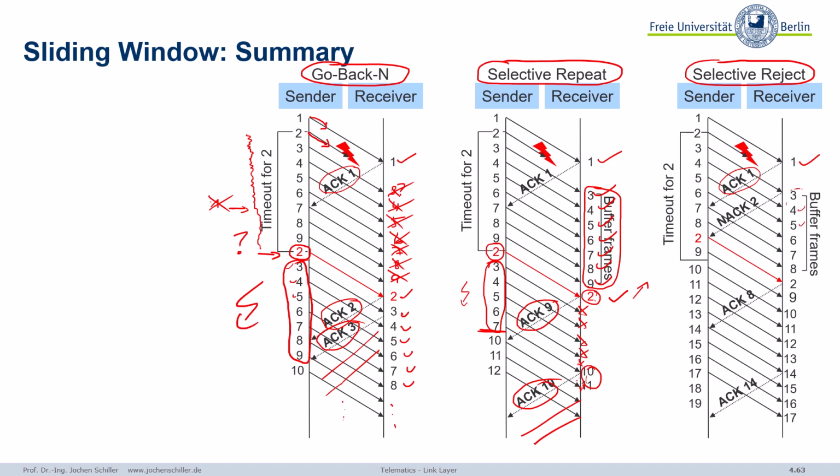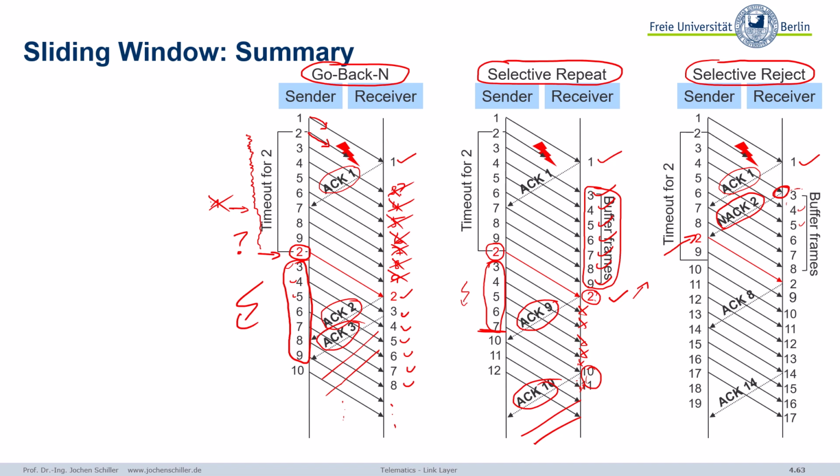But what we also do is, as soon as we receive 3, we notice on the receiver side that it should be 2. And we immediately send back a negative acknowledgement, so that the sender recognizes a bit earlier, oops, something went wrong with 2, and repeats 2. For go back n and selective repeat, we have to wait for a timeout.